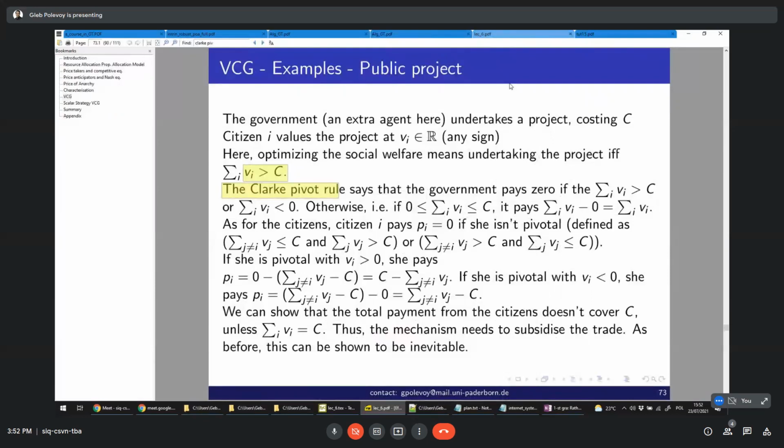So if there are several cases, if the sum of the values of the citizens is greater than what the government's costs are, then, we basically need to see, okay, let me maybe go back and explain something.